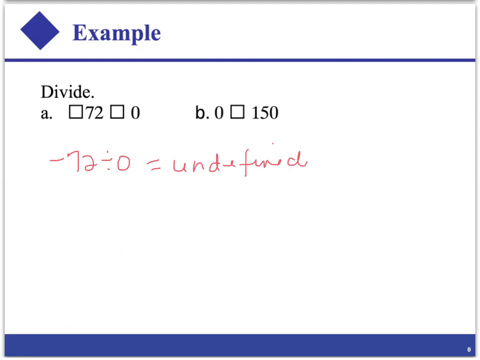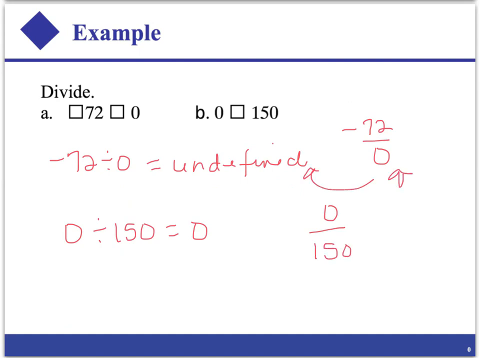If you do not write the word undefined, I will mark it wrong. 0 divided by 150 is simply going to be 0. And if you can't remember how this looks, if the 0 is in the bottom, then it's undefined. If it's in the top, it is simply just 0.